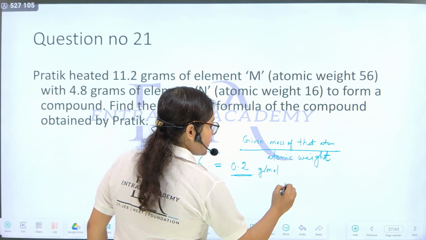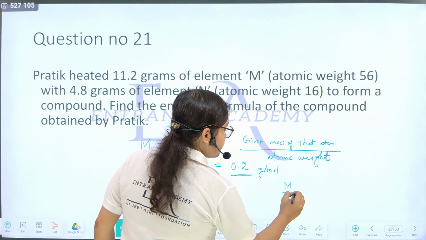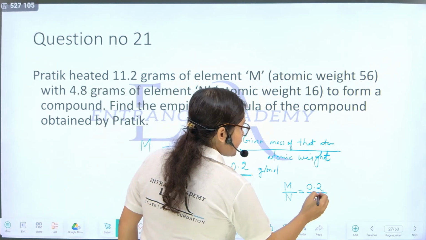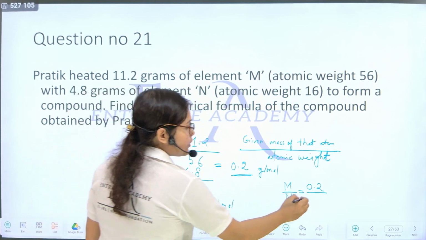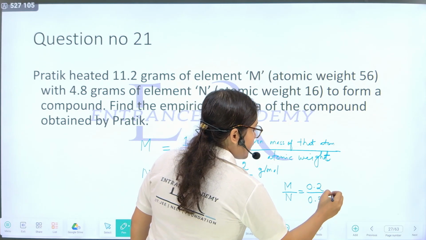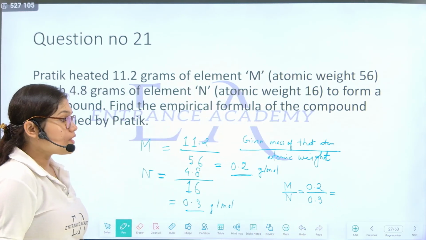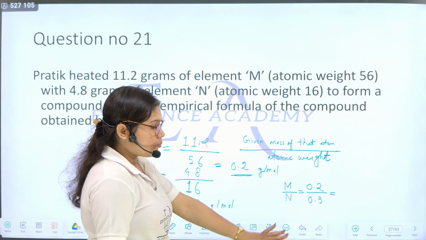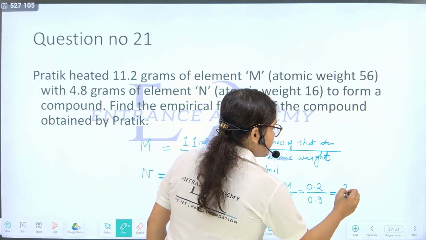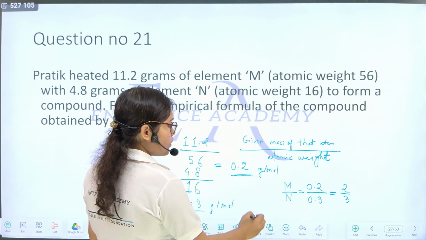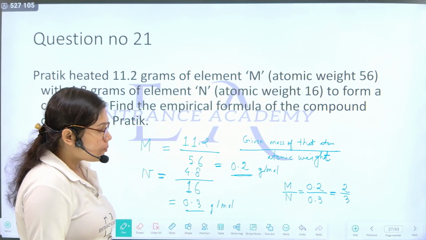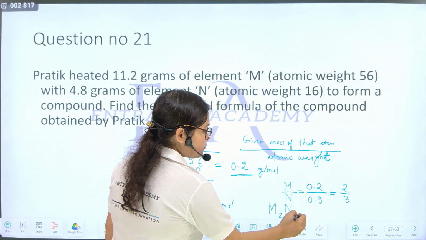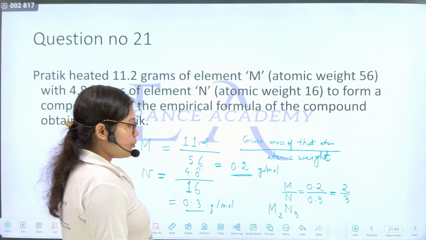So M by N, that is 0.2 for element M, and for element N, that is 0.3. Since empirical formulas are whole number ratios, we need to convert this decimal to a whole number. So that is 2 by 3. So the empirical formula of the compound is M2N3. This is the empirical formula of the compound.